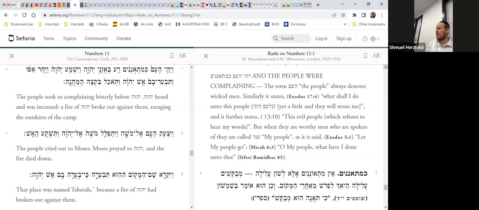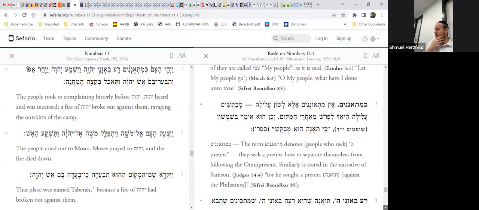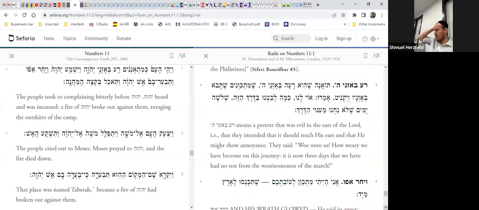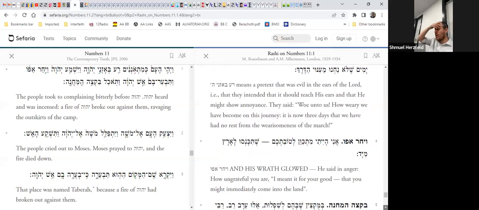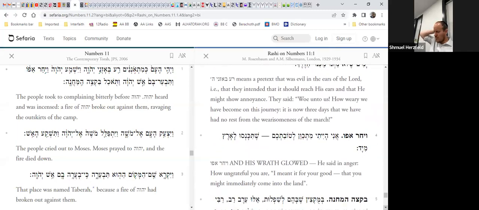They were looking for, Rashi says, a pretext which was evil in the ears of God. They intended that it should come to His ears, that He should become angry. They said, "Woe is to us, how much we have struggled on this journey.